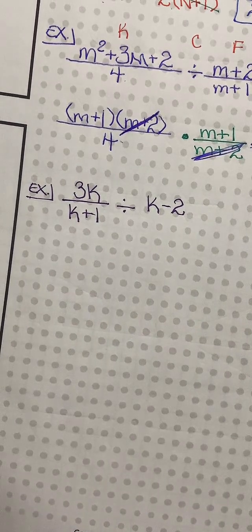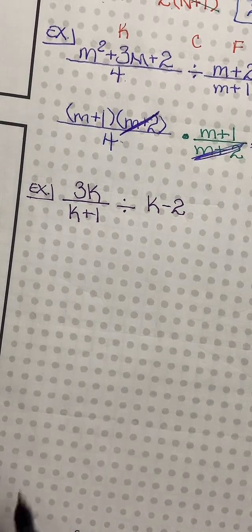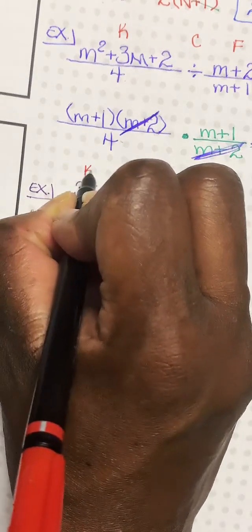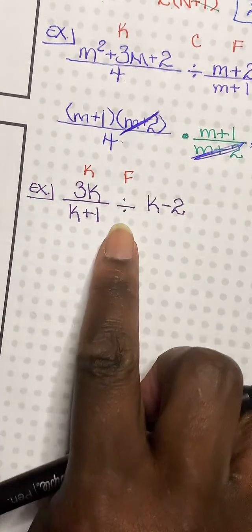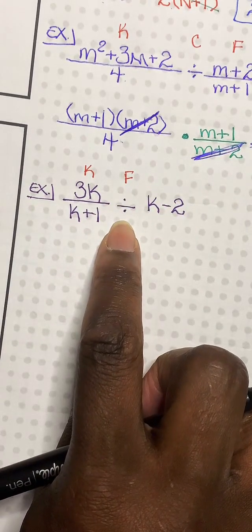Good, Bobby, good job. All right, so if we keep the first ratio, we're going to flip that from division to multiplication.